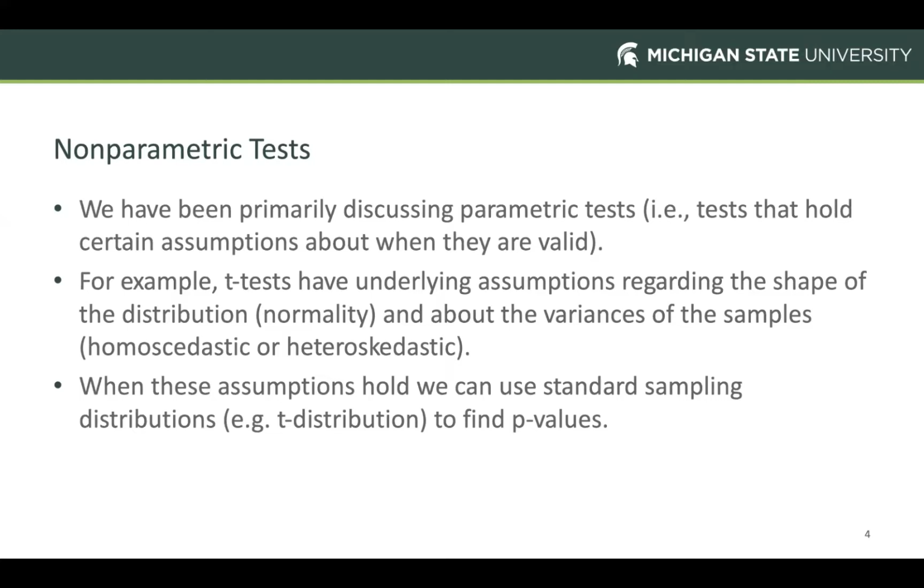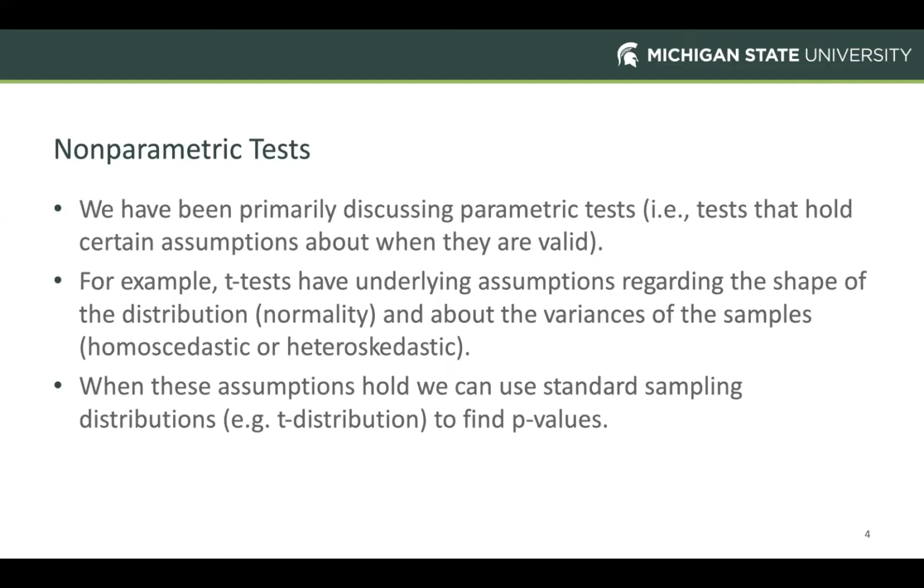So for example, when we've talked about Student's and Welch's t-tests, those would be appropriate if our underlying data distributions are normal, and then there are also additional assumptions we introduce in terms of variances being equal or not equal. And even in the case where variances are not equal to one another, if the differences are very extreme, there are even some concerns that would come with respect to the application of Welch's tests.